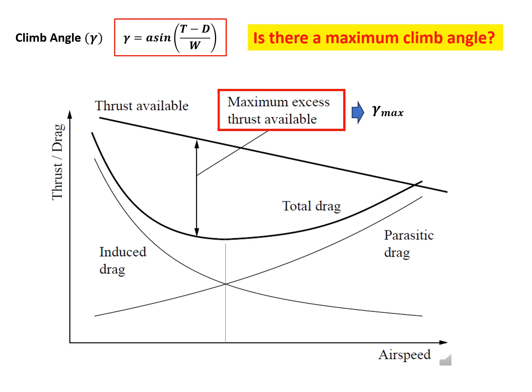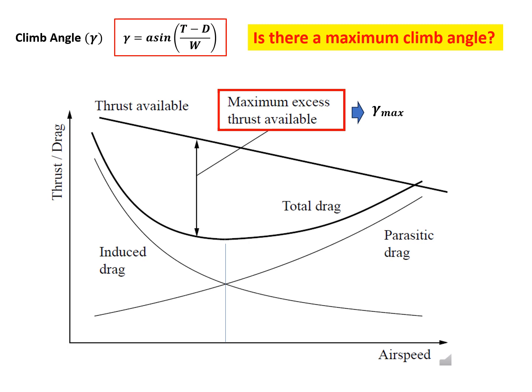There is a cross point between the induced drag and the parasitic drag at a certain point. So we can find a point where we have the maximum excess thrust available, that is T minus D. That's the gap between the thrust available curve and the total drag curve. If the gap is the largest, we have a maximum T minus D.